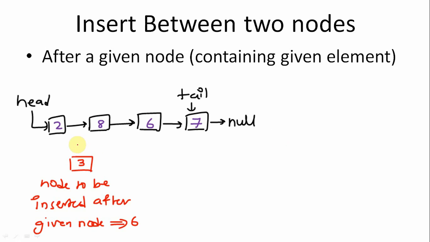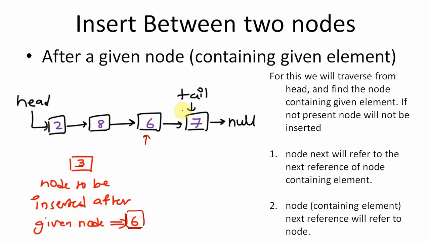So see, in this particular linked list, I want to insert a node containing 3 as an element, after the node containing the element 6. Okay, means after this particular node. So what I have to do?